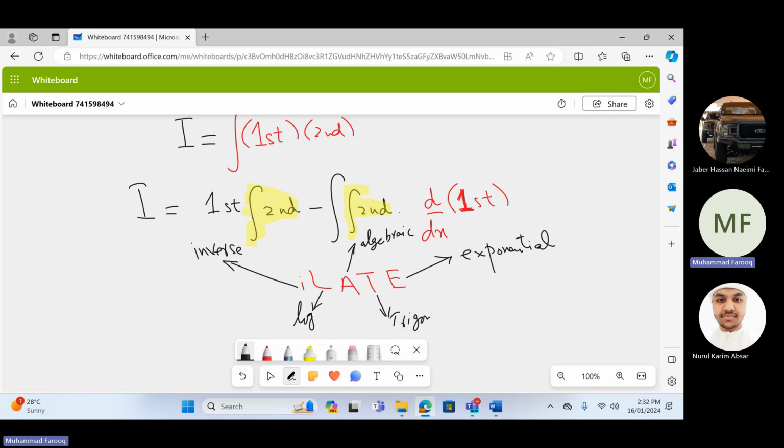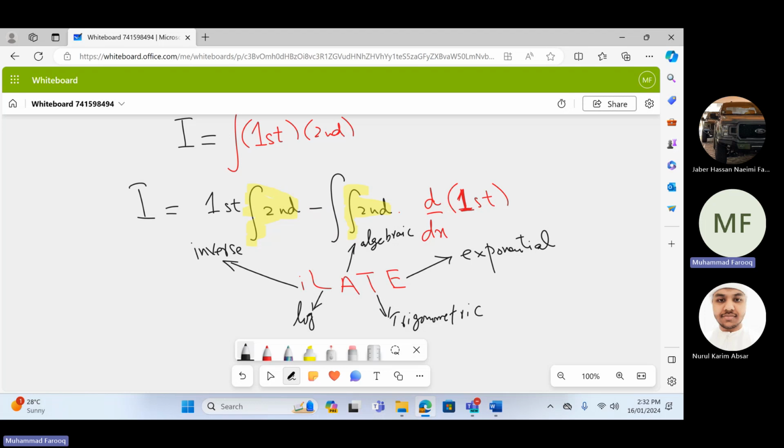Trigonometric, yes. Now, for example, in your question you have a log function and a trigonometric function. Which function should be first? Log, because L comes first. So log will be taken first, and trigonometric becomes second. From this order, you have to decide.